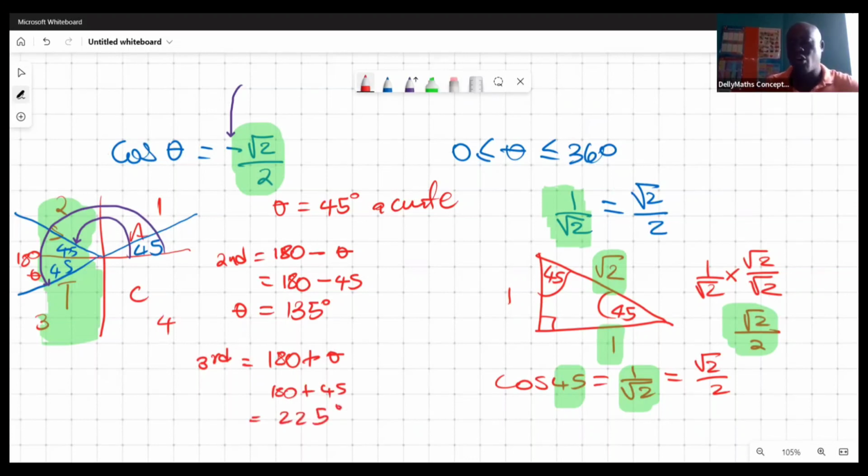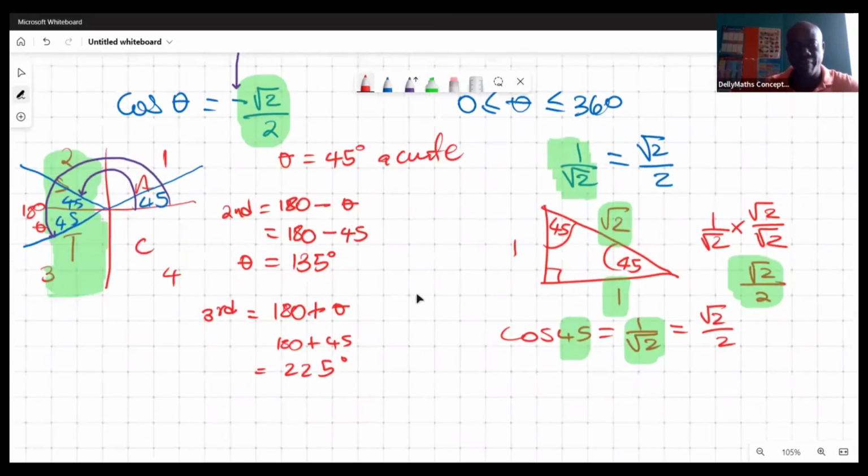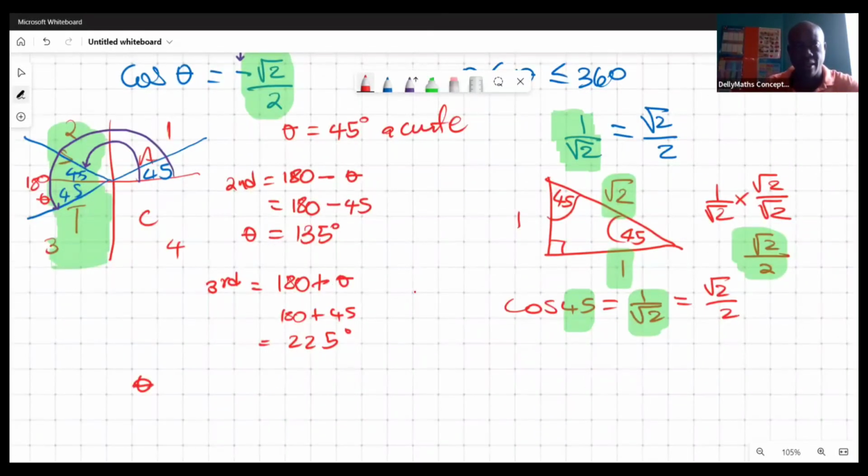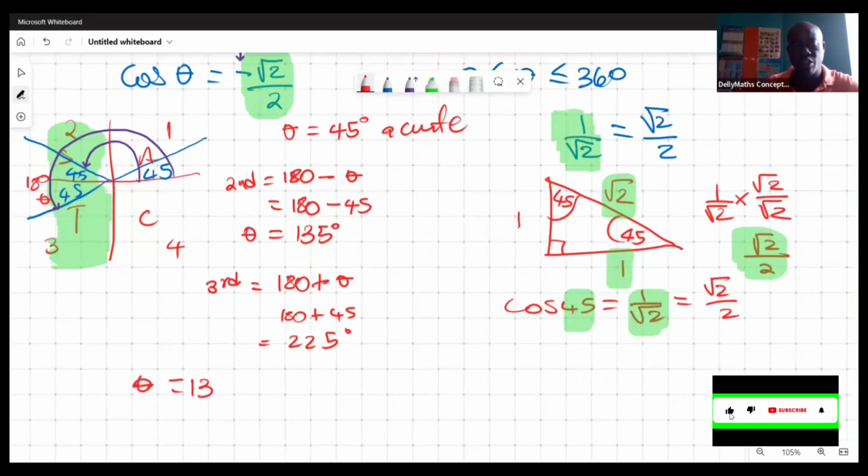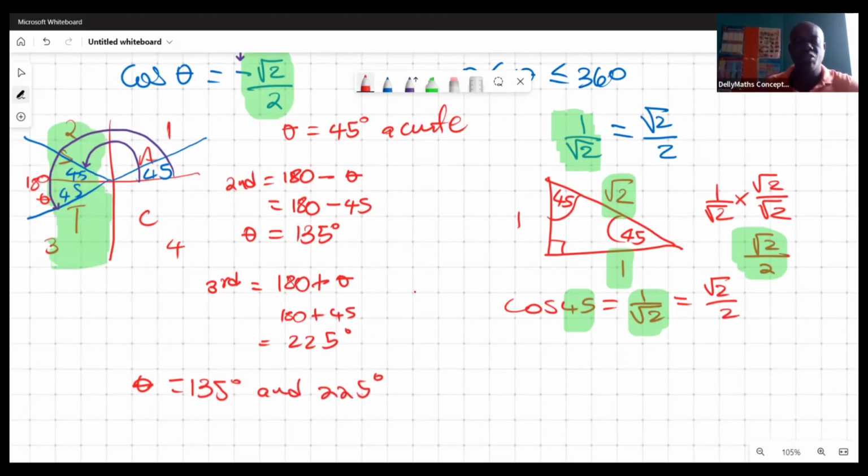All right. So then I could conclude here that theta is equal to 135 degrees, and it's also equal to 225 degrees. So those are my values for cosine, so that I will get negative root 2 over 2.